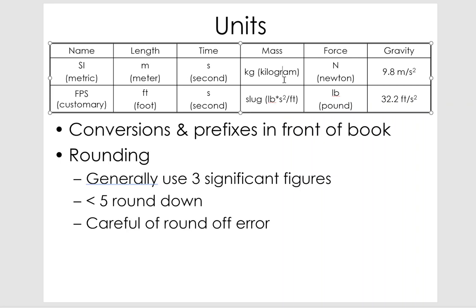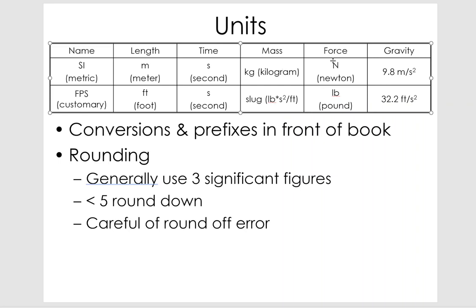Mass, again, is how much matter something has, or an object's resistance to acceleration or a change in velocity. A newton is the force applied to it. If we think about Newton's second law, if I have 1 newton applied to a 1 kilogram mass, it'll accelerate 1 meter per second squared.